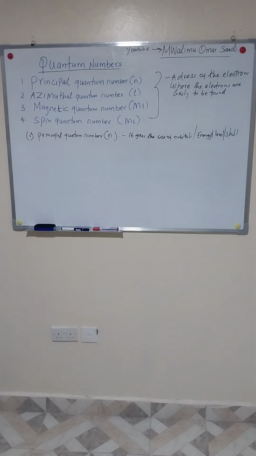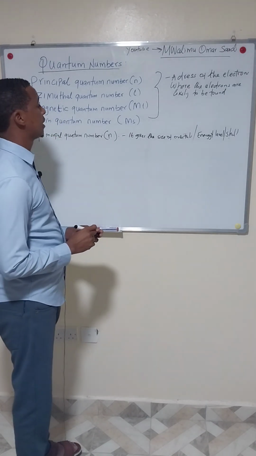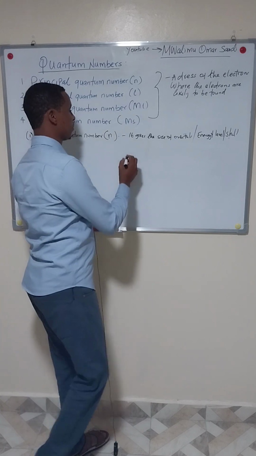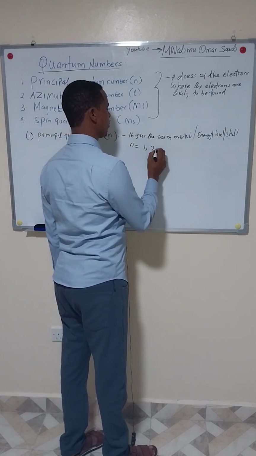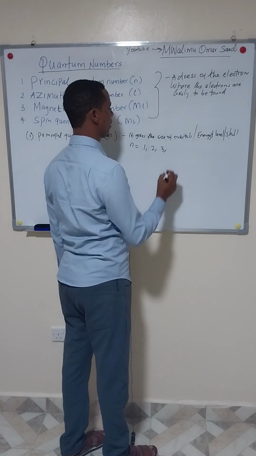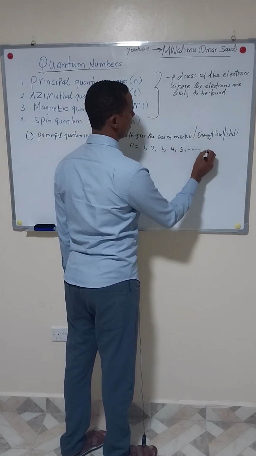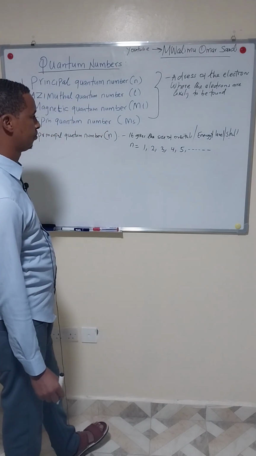So the principal quantum number can have any positive integer that is equal to 1 or greater than 1. That means N can be 1, can be 2, can be 3, can be 4, can be 5, and so on and so forth.